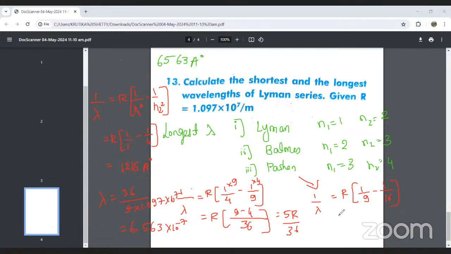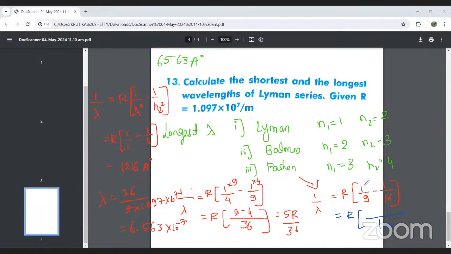So similarly you can do this for the Passion series. Here it is r into bracket. The answer will be a little bigger. So 9 and 16, the LCM will be 144.